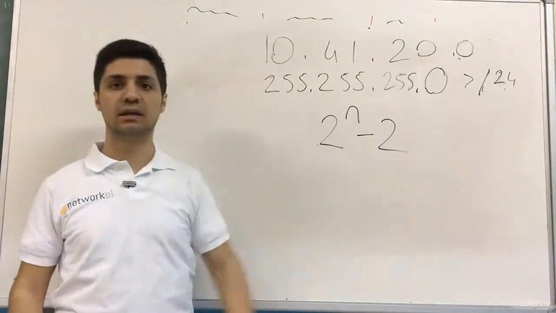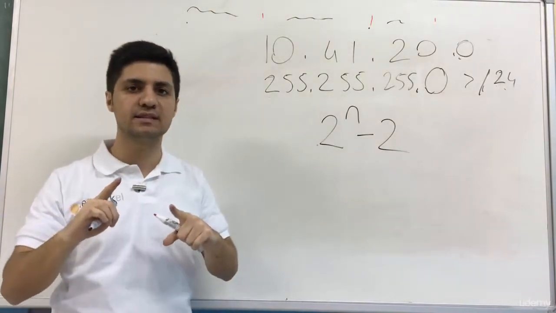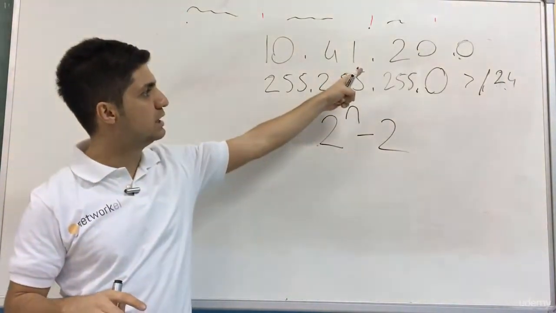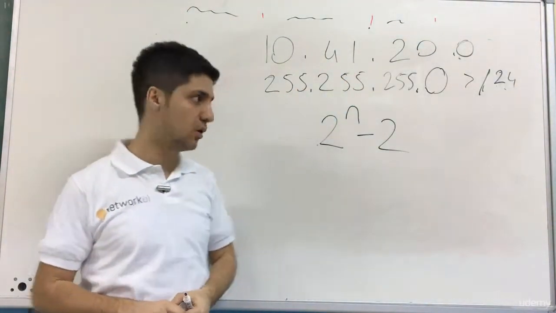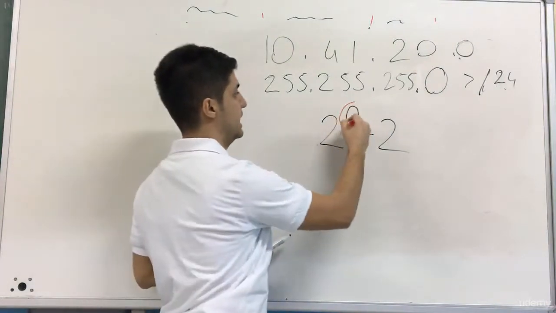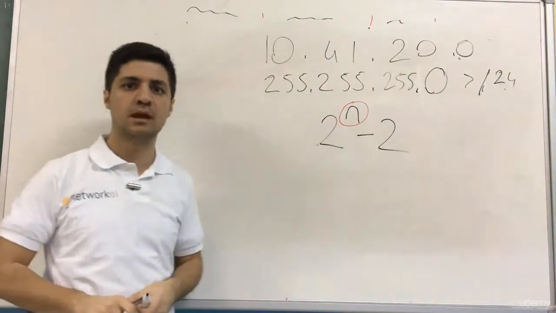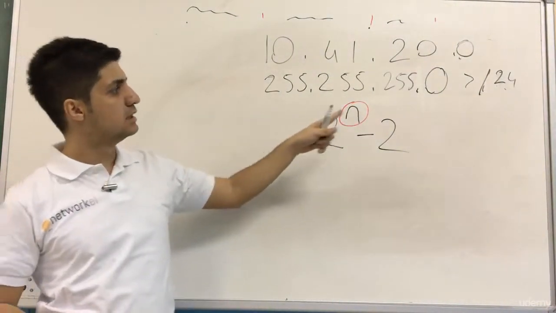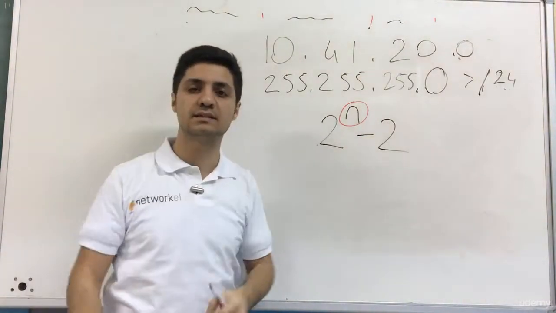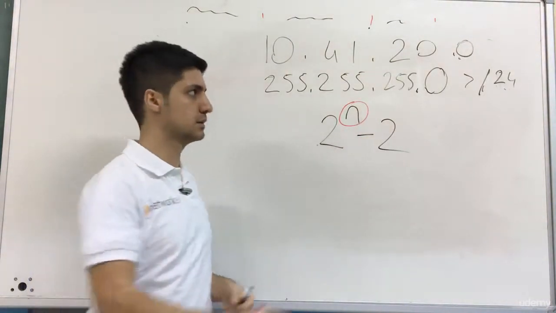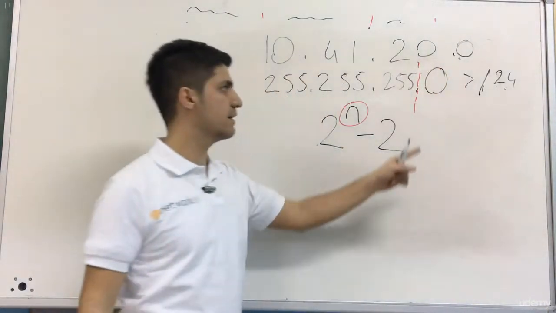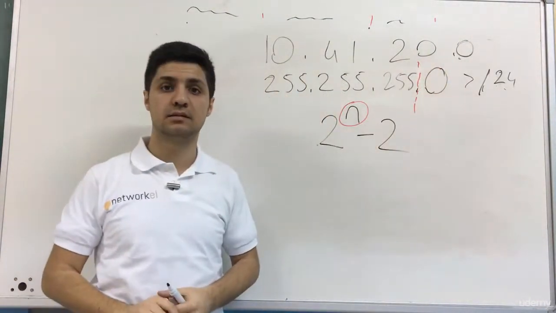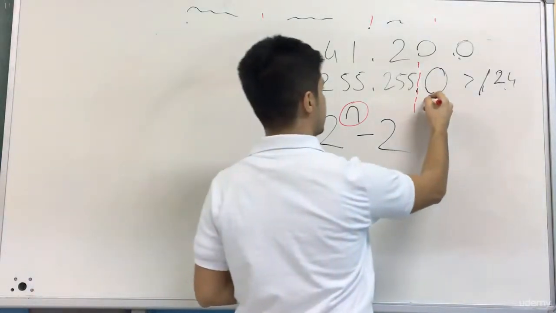That gives us the total IP address space that I can use in this network for this subnet mask. Okay, so what does n stand for? N is the total number of 0 bits in my subnet mask. In my subnet mask, I have 8 zero bits in total, right?